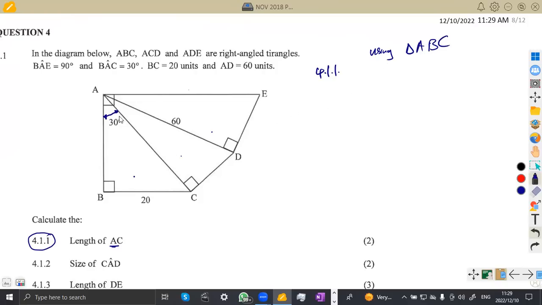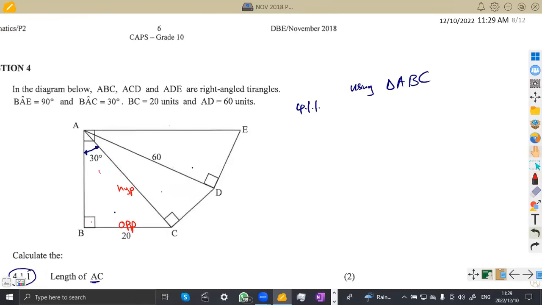So in triangle ABC, according to 30 degrees, we can see that our AC does not change because it's opposite to the 90 degrees, which is the hypotenuse. But according to 30 degrees, this 20 here becomes the opposite. As you can see, it's facing each other here, so that's the opposite. So which ratio actually works with opposite and hypotenuse at the same time from your SOHCAHTOA?